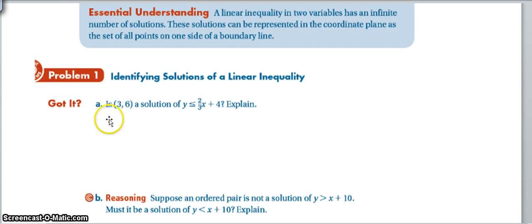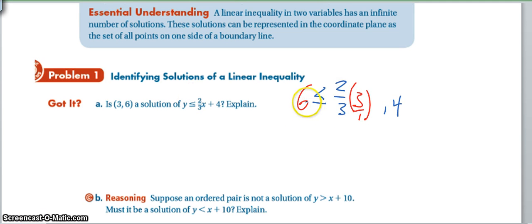Now this is actually fairly easy to do because my point is just an x and a y coordinate. So go ahead and plug in the x and the y coordinate for your inequality here, assuming that you're on Pearson and working through. So when I plug in here, I have 6 is less than or equal to 2/3 times 3 plus 4. Now the 3 I can always think of as just 3 over 1.